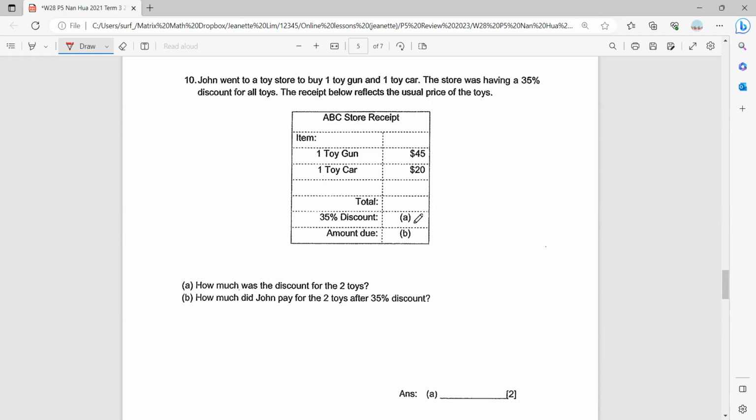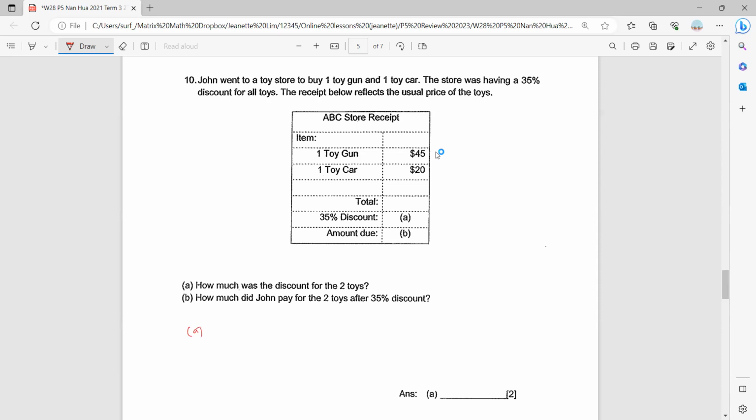Okay, so you know it's 35% for the toy gun and 35% for the toy car, right? But if you were to add them up, it's just 35% of the total. Okay, so if a 35% is applied for every item, then it's just 35% of the total. Not 70, but 35.